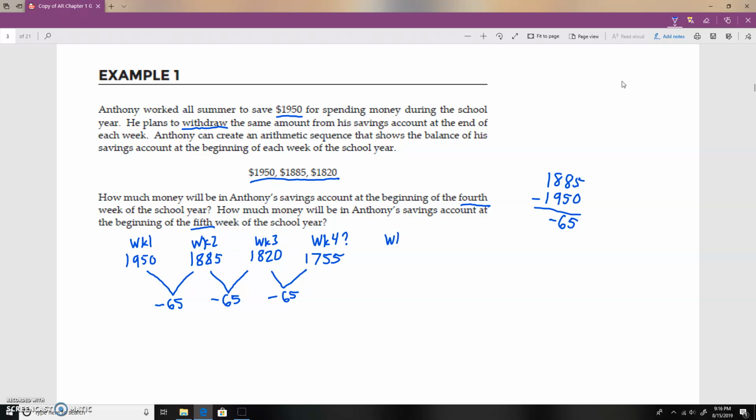To get week 5, I'm again going to subtract $65. 1,755 minus 65 is 1,690. So in week 4, he would have $1,755. In week 5, he would have $1,690.